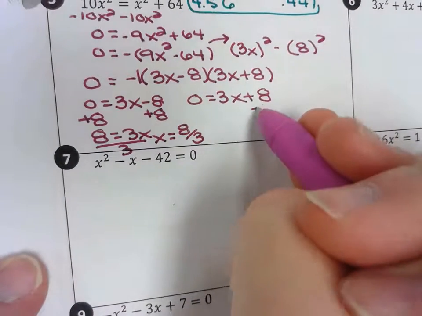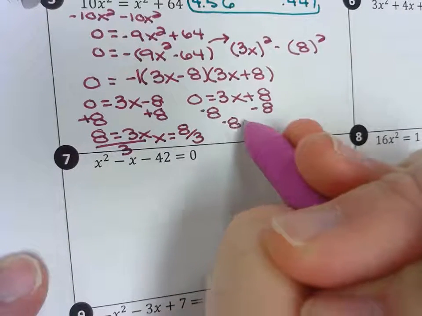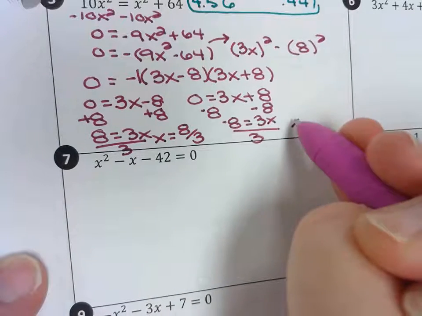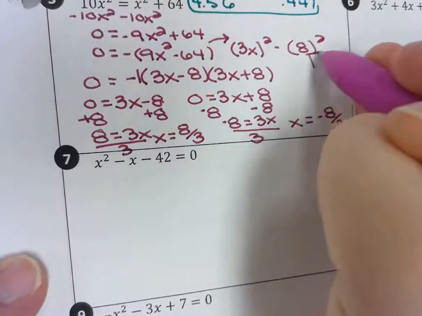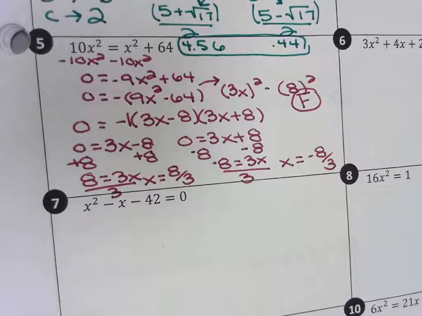And then the next one, subtract 8, so -8 equals 3x, divide by 3, so x equals -8/3. So that one we solved by factoring. If you want to put an F in the box so you know this one we factored. You always want to try to do factoring. Quadratic formula will always work. Factoring tends to be a little easier, especially with some of them. Okay, questions on that?